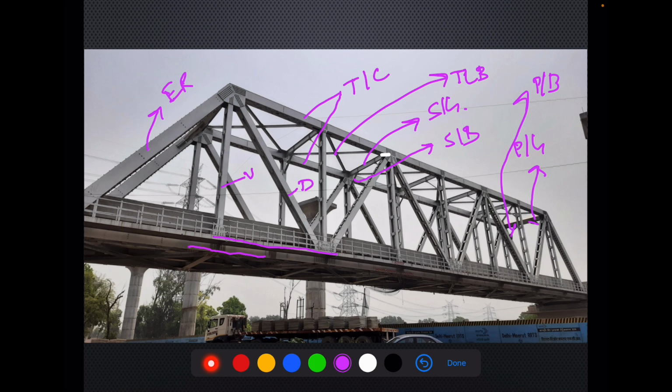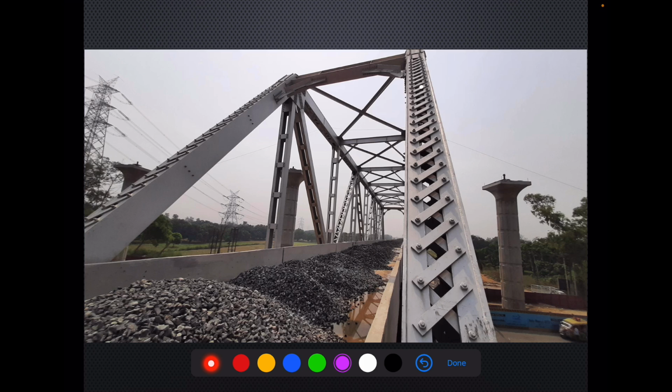So let's see it from the other side, from one end. So this is basically end raker. It is a lattice type, lacing type component. Then what else is visible over here? This is vertical, this is diagonal, and again this is top lateral bracing.